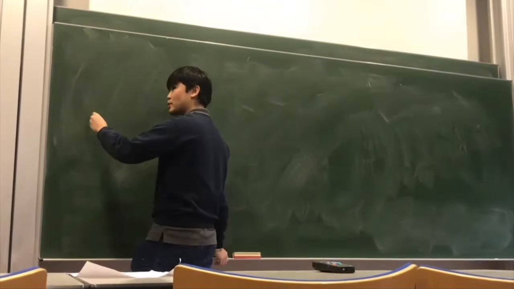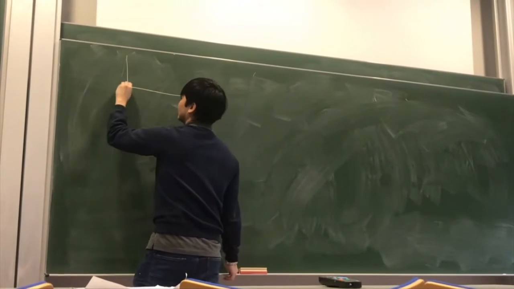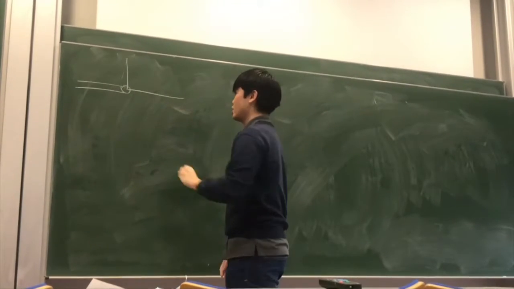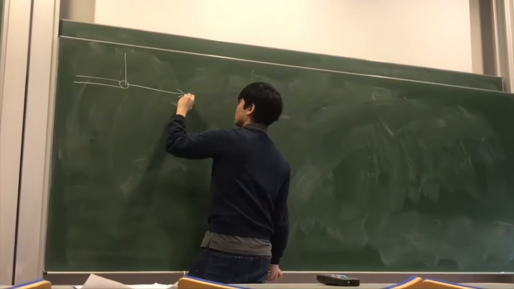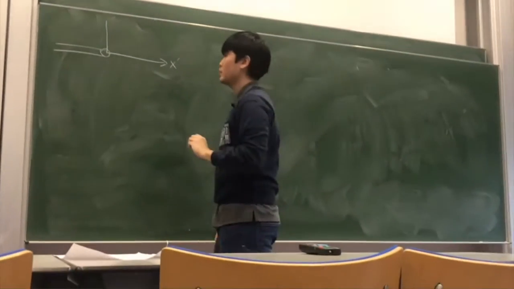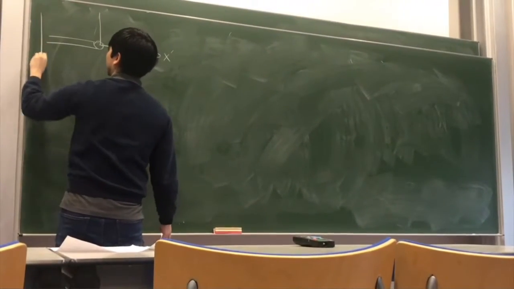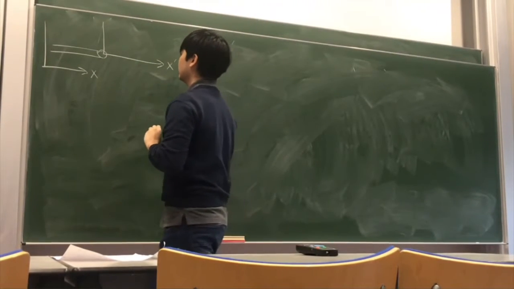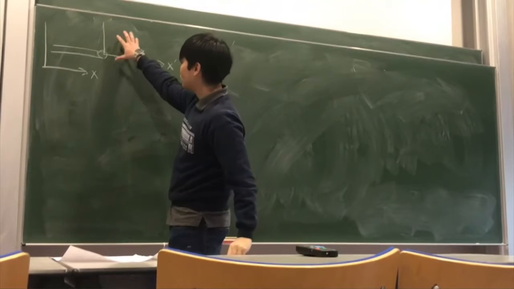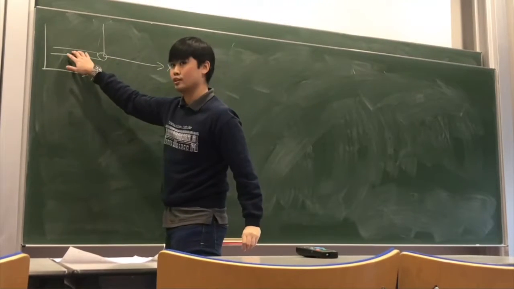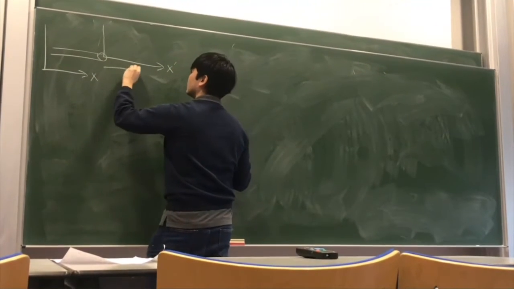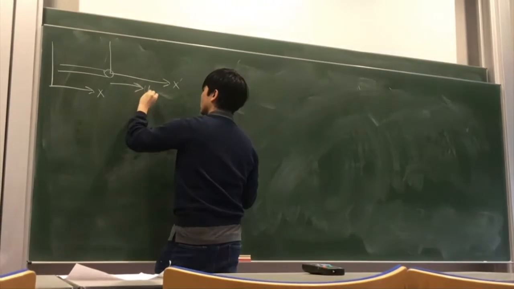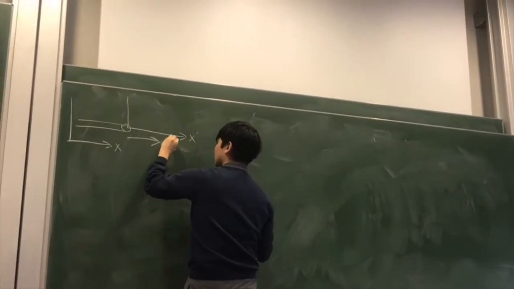So let's suppose that we are so lucky that the solenoid lies in this direction, which I'm going to take to be the x prime direction. And then we have another frame, which is the xy direction. Now, this frame, where it's the rest frame for the solenoid, is moving with relative velocity u in the x direction.